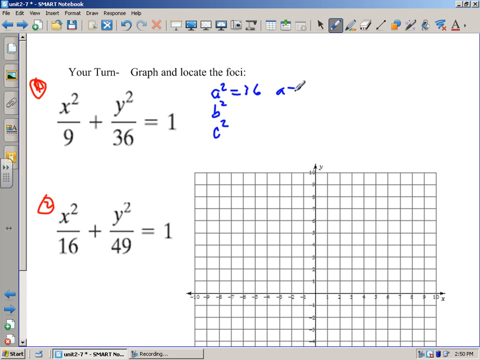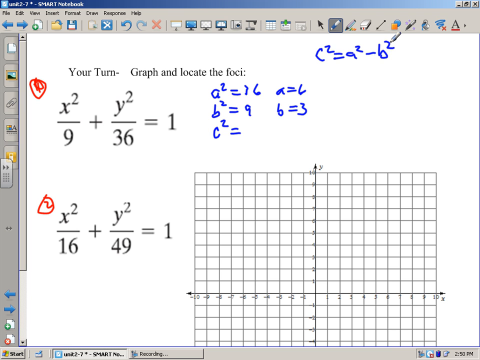So that means a is going to be 6. B squared is 9. So b is 3. And c squared is 36 minus 9. Because remember, it's c squared equals a squared minus b squared. That's the way we find c squared for an ellipse.